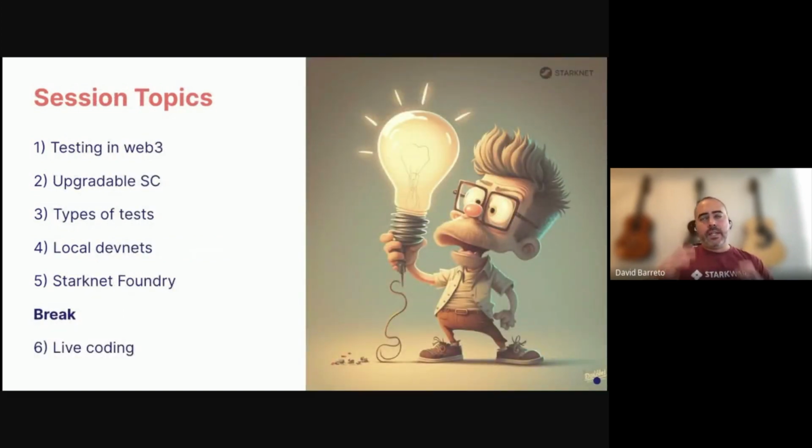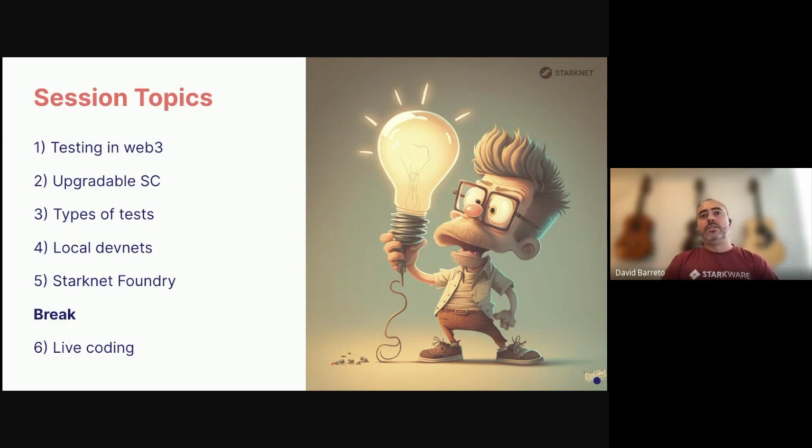Topics for this session in particular. We're going to talk about testing in Web 3 and how it is different from testing in Web 2. I usually make comparisons to Web 2 because that's where I'm coming from, even before I joined the Starknet ecosystem. I'm going to talk a little bit about upgradable smart contracts and the do's and don'ts.